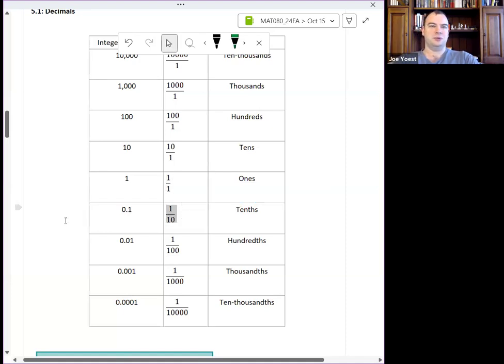So I can look at the fraction 1 over 10. This is the mirror of 10 over 1, right? It's the reciprocal of 10 over 1. The fraction 1 over 10, I write as the decimal 0.1. That's 1/10, and this is the tenths place.